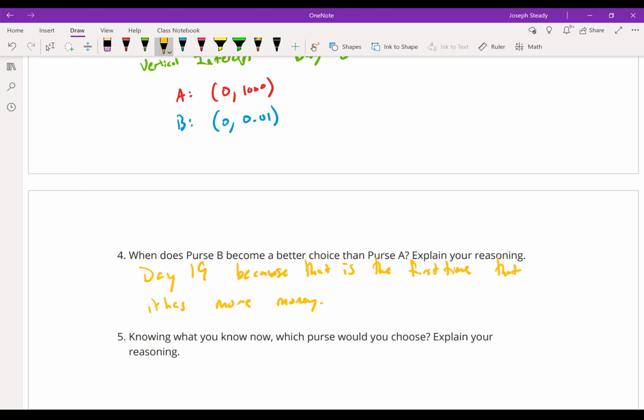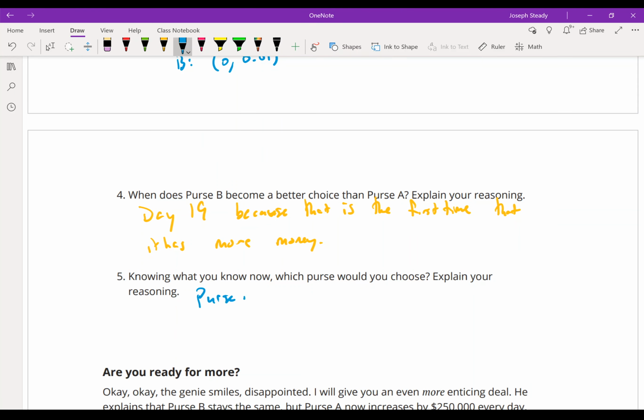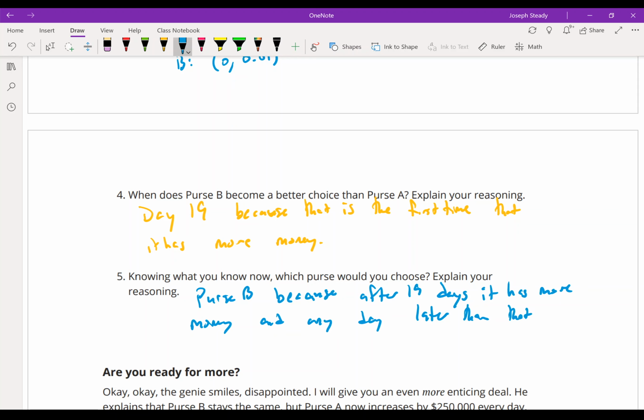So knowing what we know after these two problems, problem 1.2 and now the graphical problem 1.3, which purse are we going to choose? Well, you might argue that purse A starts out with more money, but I'm going to choose purse B. And the reason I'm going to choose purse B is because after 19 days, it has more money, and any day later than that, it has way more money.